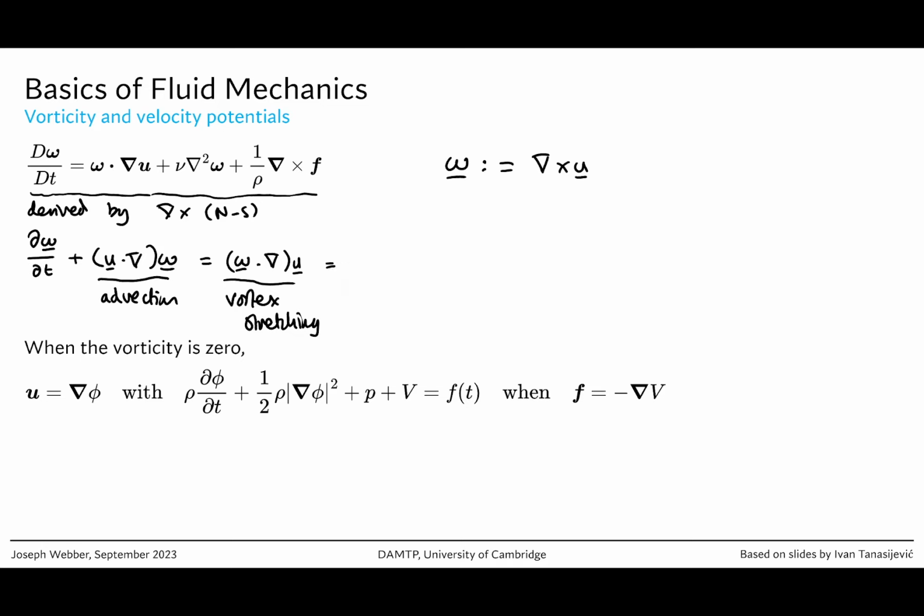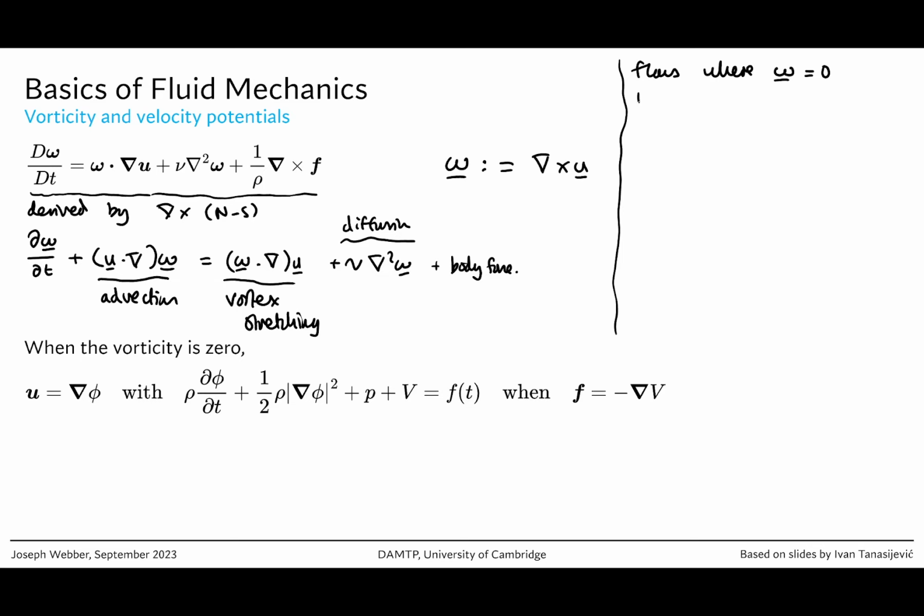We get a diffusive contribution. Viscosity leads to the diffusion of vorticity. And then we get this body force term, which is usually zero. Actually, the curl of the body force is normally zero, so it very rarely affects the vorticity. Okay, but this has a few interesting corollaries, especially when it comes to flows where the vorticity is zero.